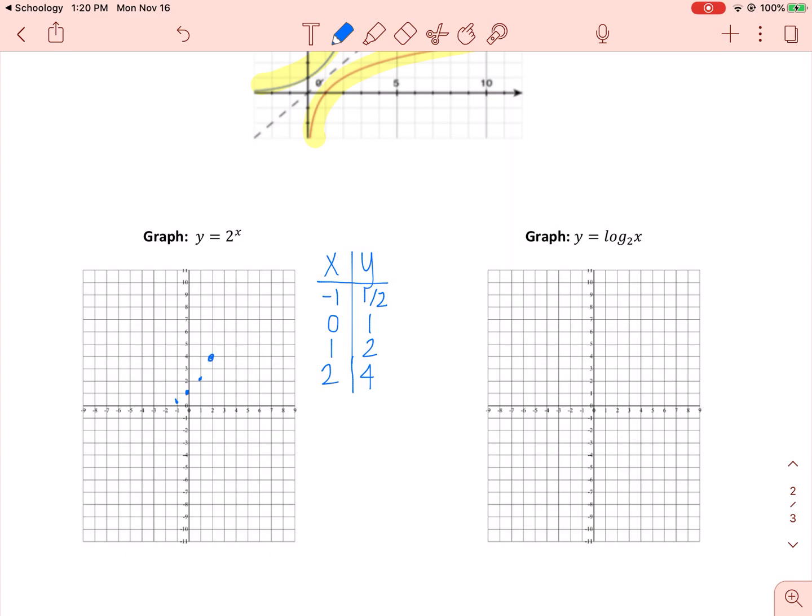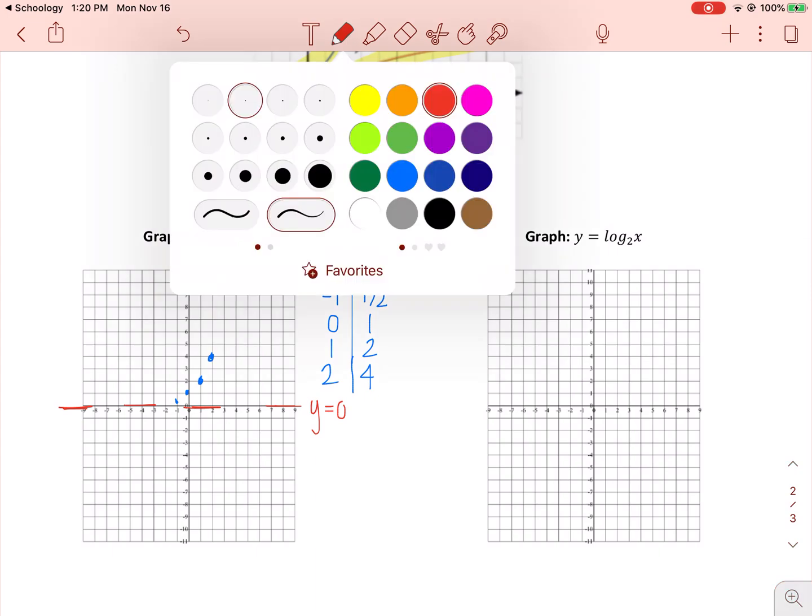We do have to keep in mind that I need you to put in the asymptotes. If you don't put in the asymptotes, your graph is not going to be accurate. Remember from our previous video, the asymptote is at y equals 0. Your graph will never cross it, no matter how far it gets in the negative. It's going to get super, super, super, super close to 0, but it will not cross.